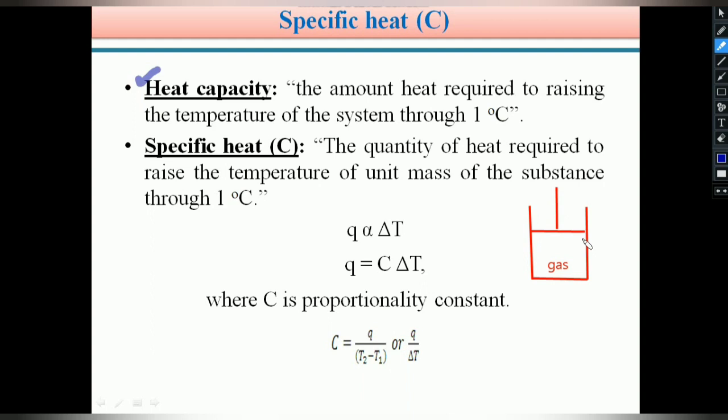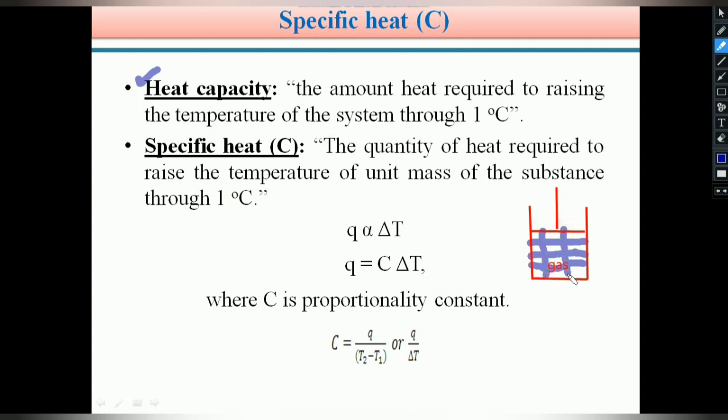Suppose here gas is our substance. Suppose we divide our system or substance into unit masses, like this. So I can divide this system in this manner.